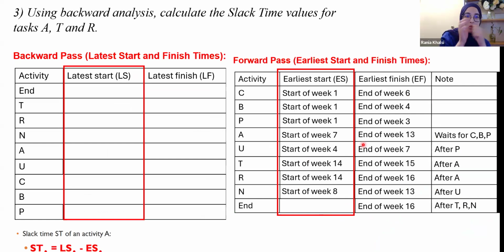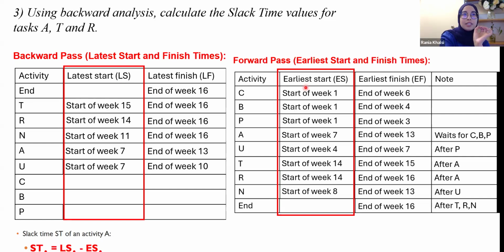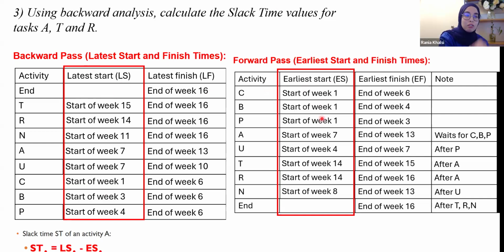Now you will put both tables in front of you and focus, because the slack time formula says you calculate the difference between the latest start minus the earliest start.